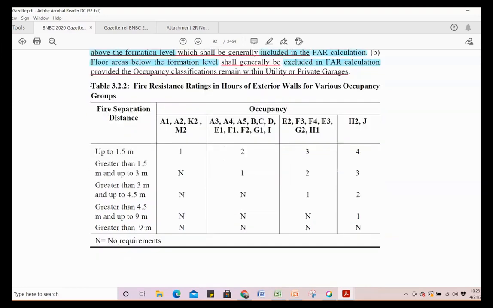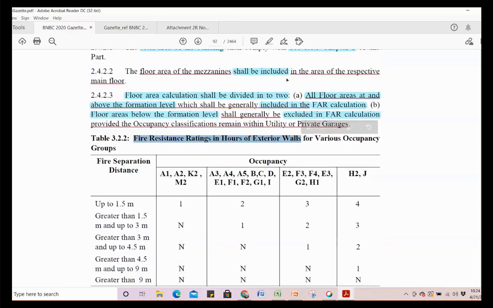Then comes a table which refers to the fire resistance rating for the exterior wall. As we can see from the references above, fire rated exterior walls were referred to many times.